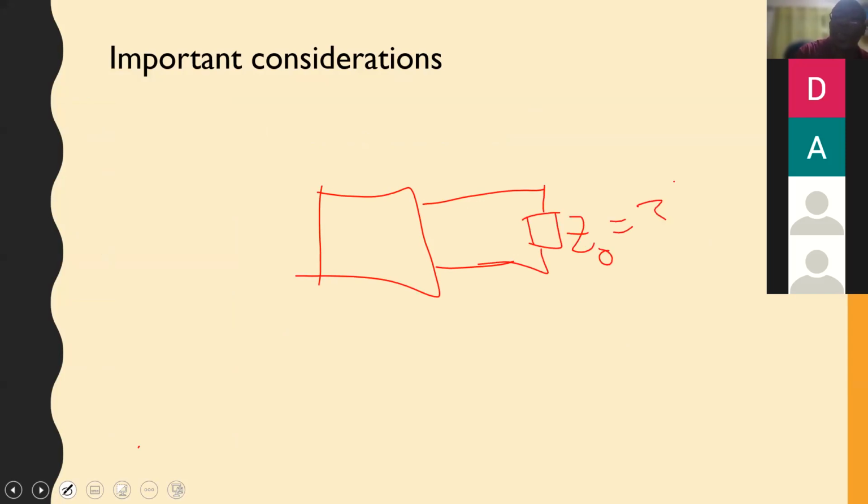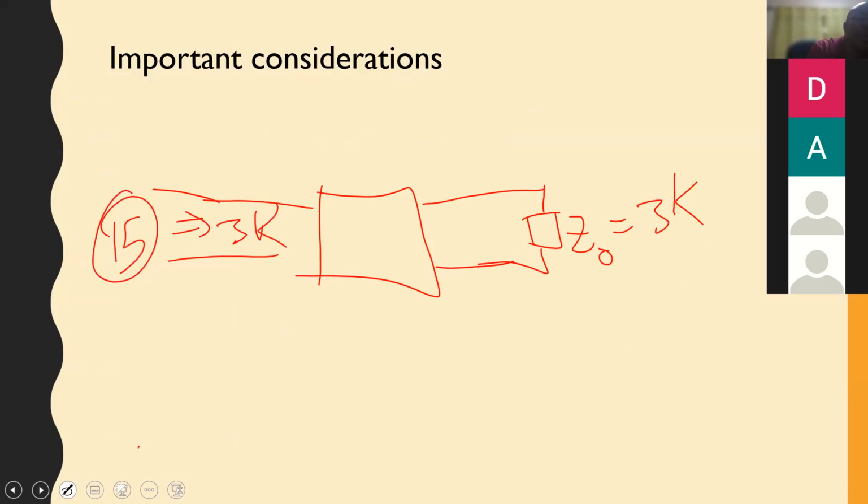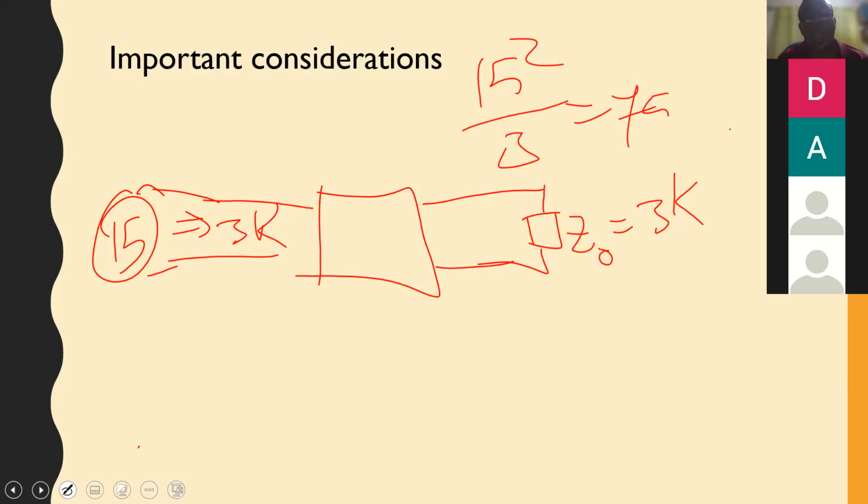Z0 here is 3K, so when you look in here, you're going to be seeing 3K. That's 15, so you have 15 squared over 3, which gives you 75 watts. Looks like I'm going to get cut off again, but so be it.